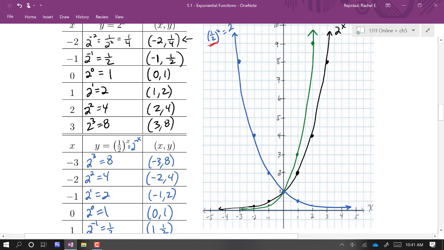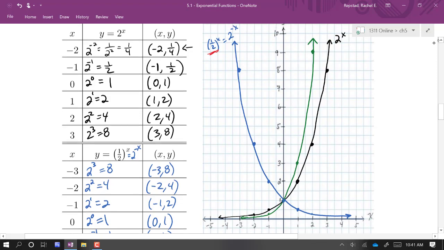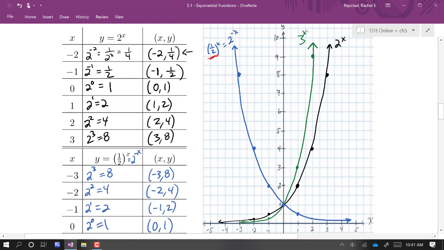All right, so maybe some observations we can make here. The one in green, that's 3 to the x. We have a positive base that's bigger than 1. That base is 3. So just like 2 to the x, that gives us the exponential growth behavior.